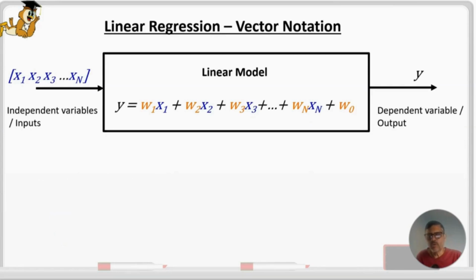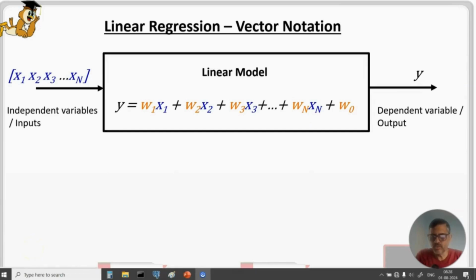Now I'm going to introduce some vector notation. This was the linear model with the independent variables and the dependent variable, and we are going to introduce some vector notation. I like to teach linear regression using exclusively vector notation, and I'll show you why.